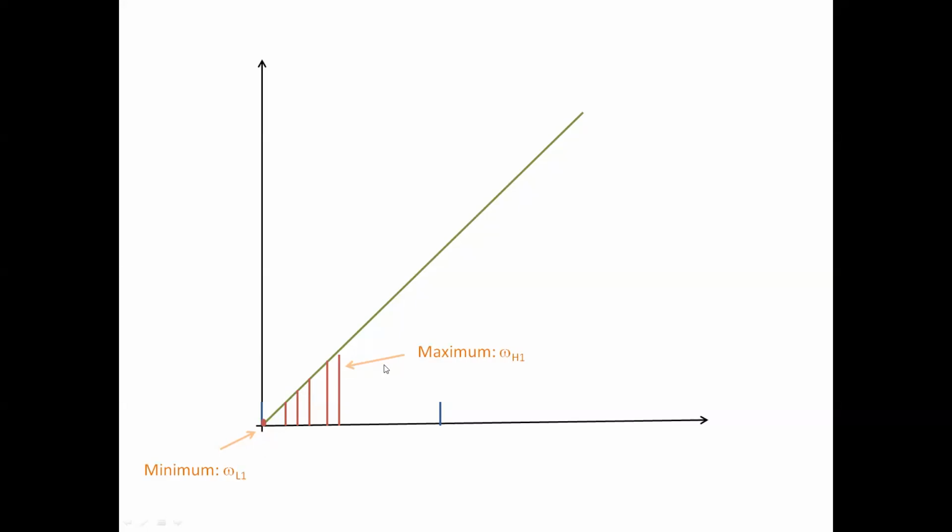It would have a smaller rectangle than the one at omega H1. So that means if you want to find out omega L1, it means we take each subinterval and choose the leftmost point.